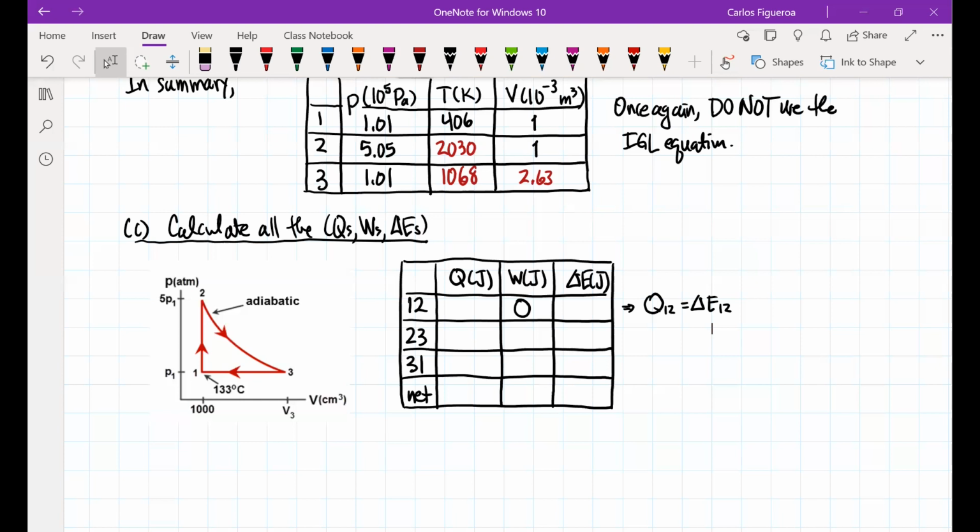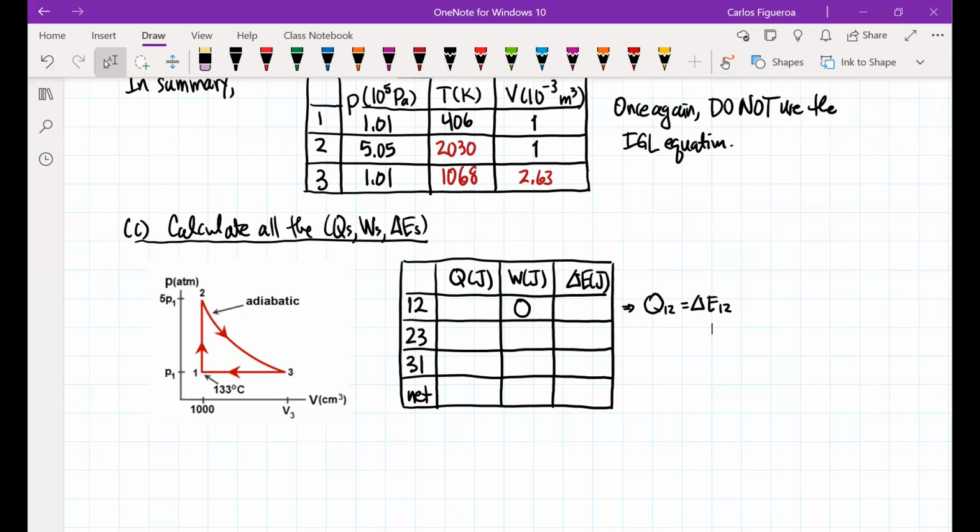Now, if I write this out with that ideal gas trick that I talked about, this is the same as 3/2 times nR T2 minus nR T1, and now I use the ideal gas law equation.